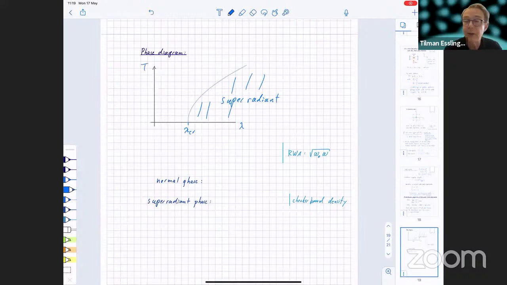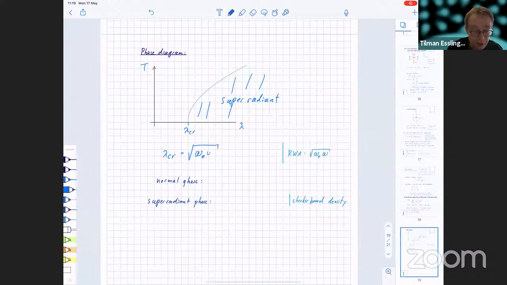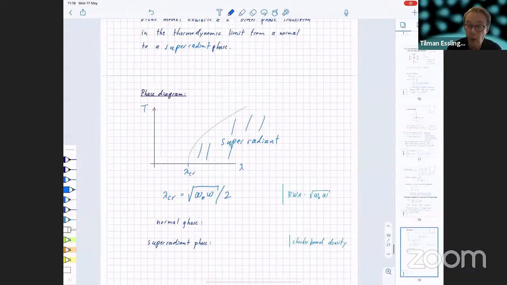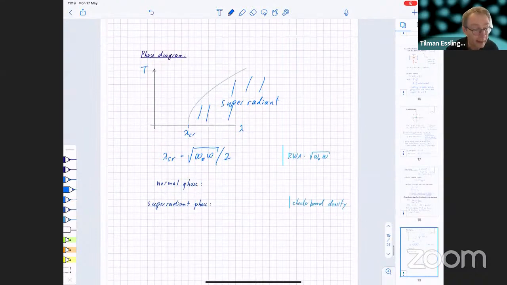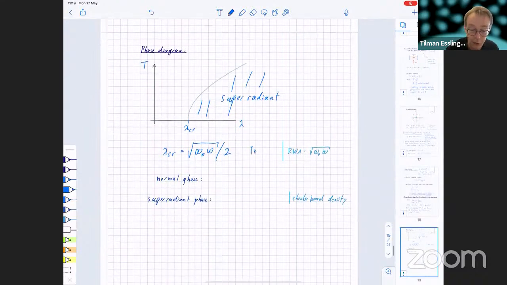And this is plotted against the temperature. So you have this phase transition also at zero temperature. And this lambda critical is the square root of omega 0 divided by 2, where omega 0 was the difference between the two levels. And that holds when you take into account the non-rotating wave terms.